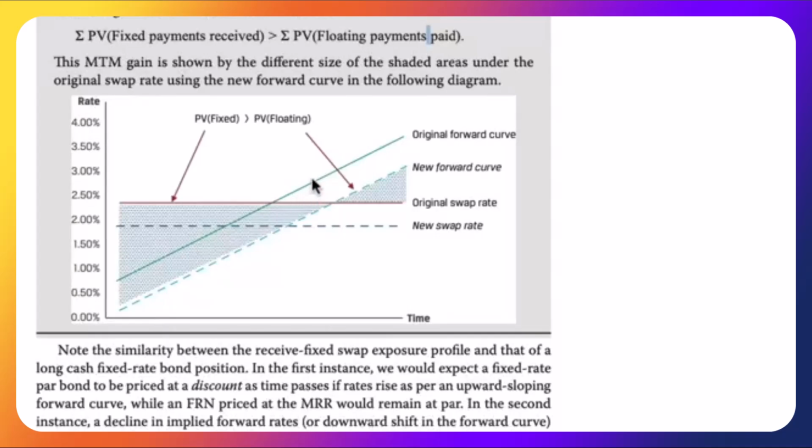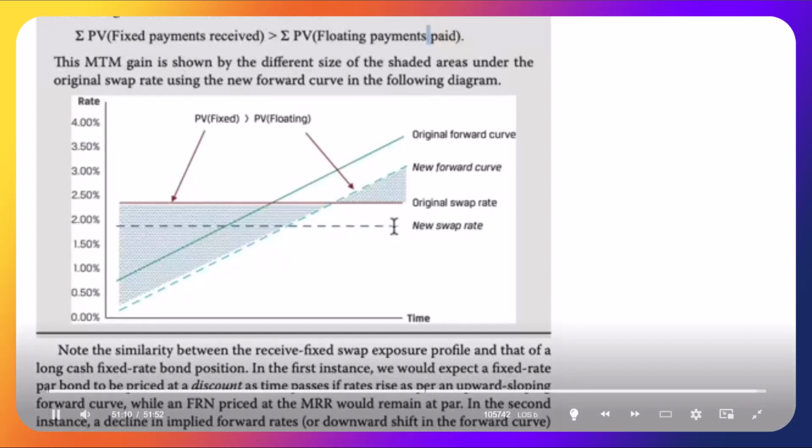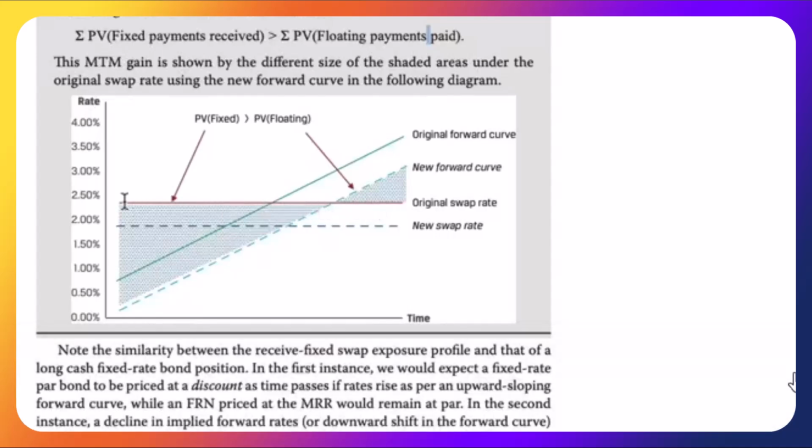But we said rates dropped, so push the forward curve over to this light blue dotted line, and if we then calculated what the fixed rate would be based on this curve, this is what the new swap rate would be. However, we have the old swap rate. So now the payments are this area, this triangle here, versus this triangle here. You can see that the area under the curve here is greater than the area under the curve here.